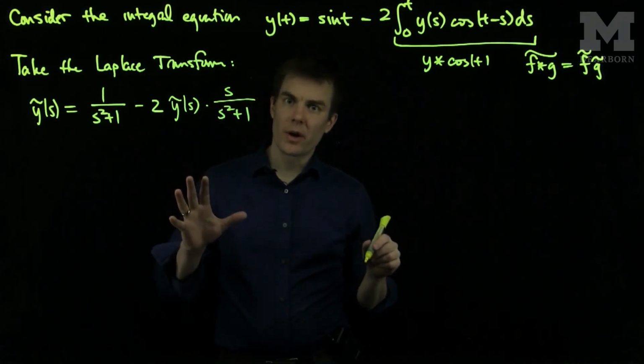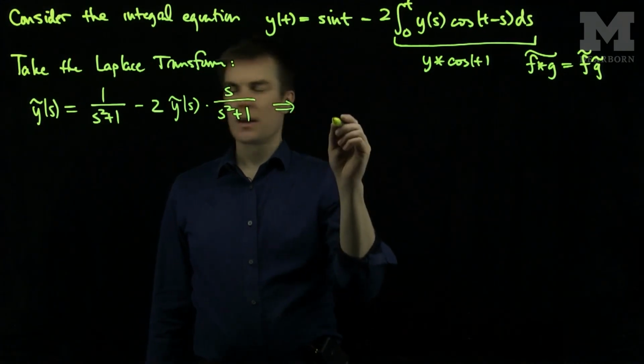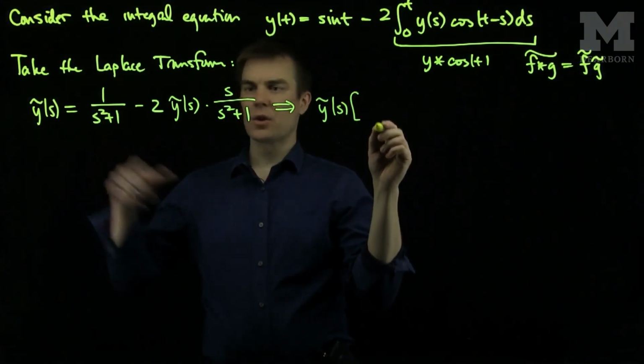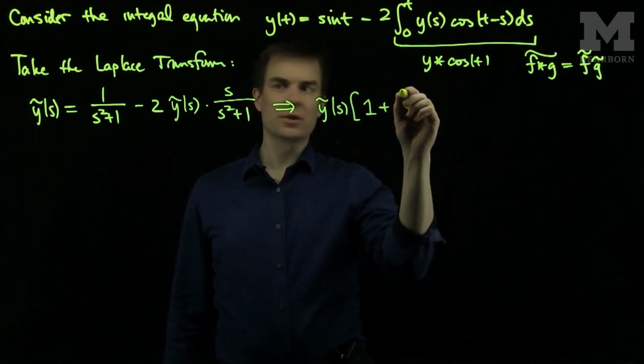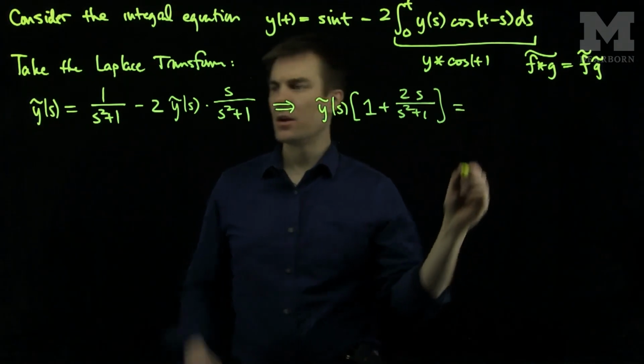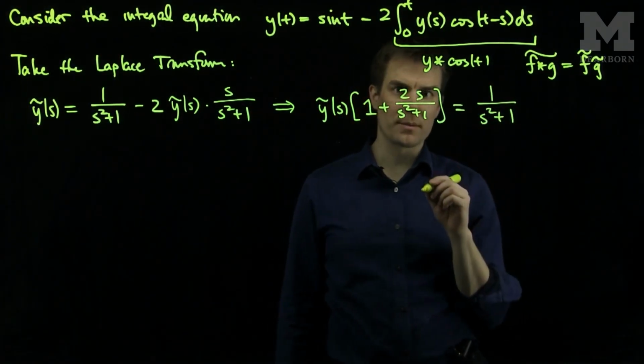Now we have a linear equation for y tilde. We'll rearrange the equation. This implies that y tilde of s times the quantity 1 plus 2s over s squared plus 1 will be equal to 1 over s squared plus 1.